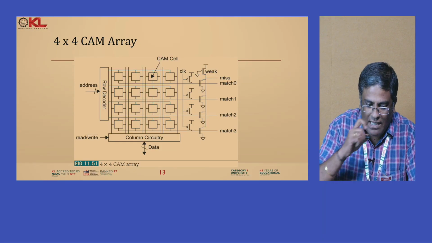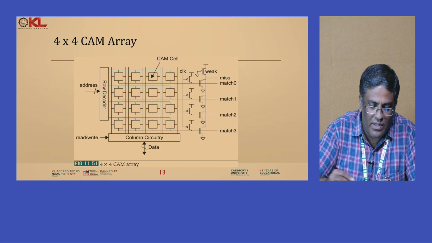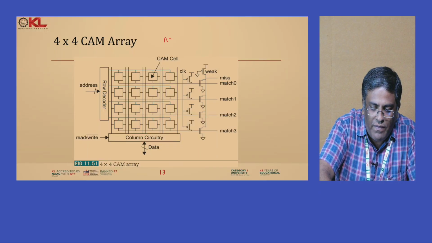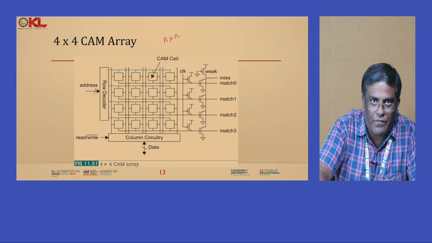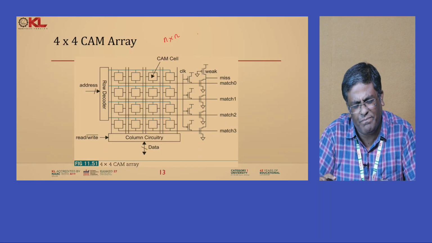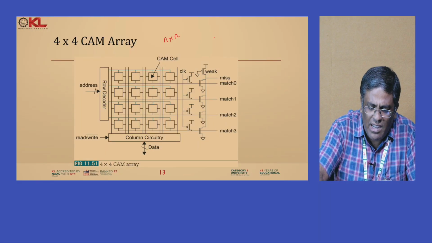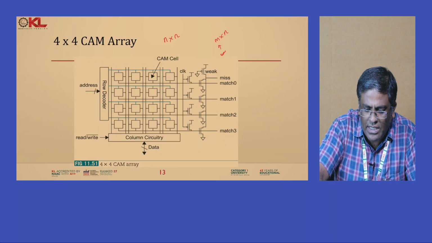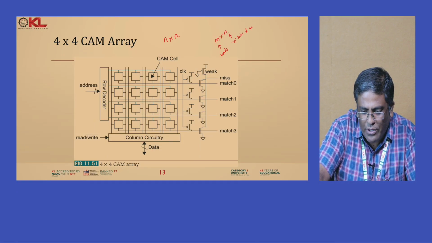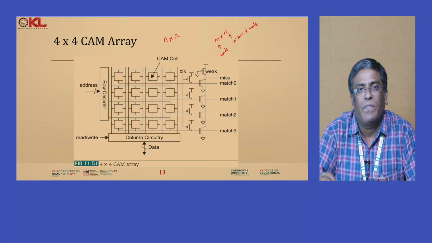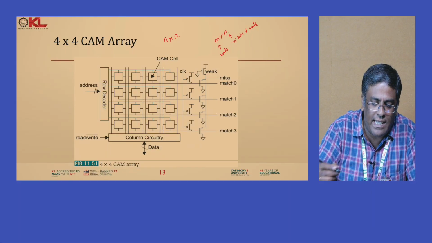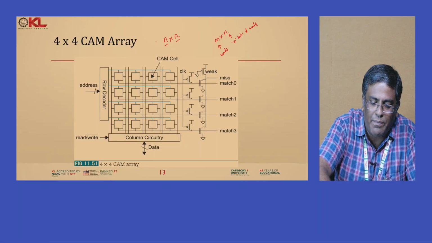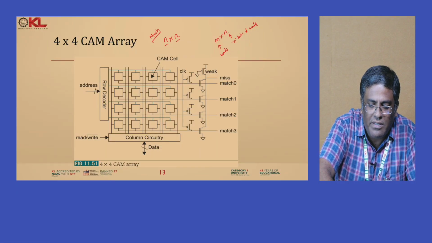Here a CAM array is shown, which is 4 cross 4. Remember, the CAM will have an n cross n array. You may remember the ROM we studied, where we studied m cross n, where m indicates the words and n indicates the n bits of the words. But here we use only n cross n, which means we follow a mesh-like structure.